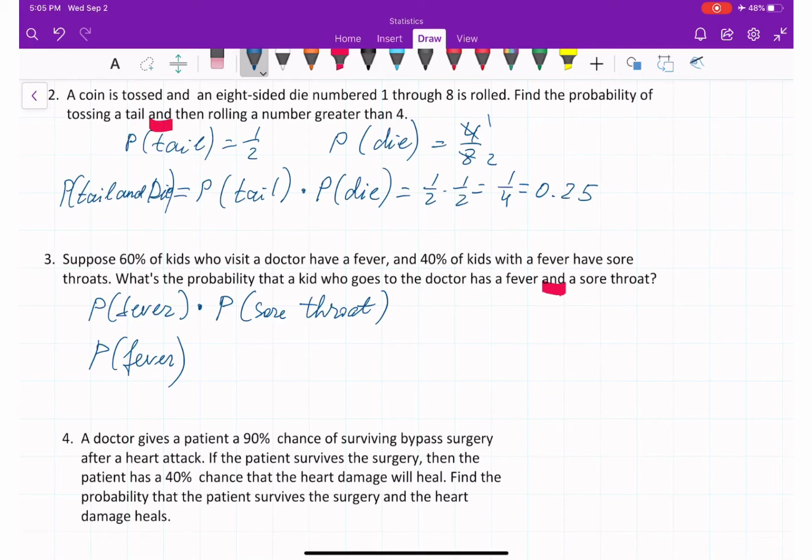Okay, what's the probability of fever? 60% of kids who visit the doctor have a fever, so 60% is 0.6. Probability of sore throat, 40% have a sore throat.